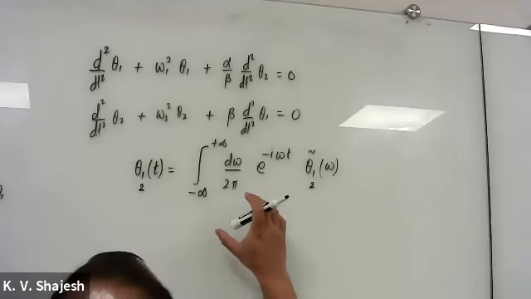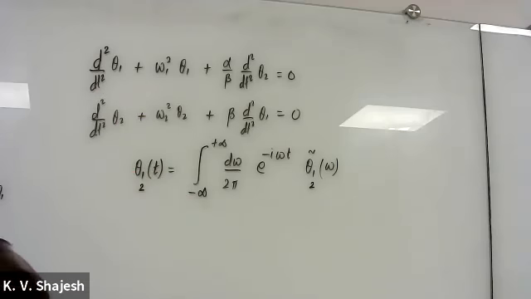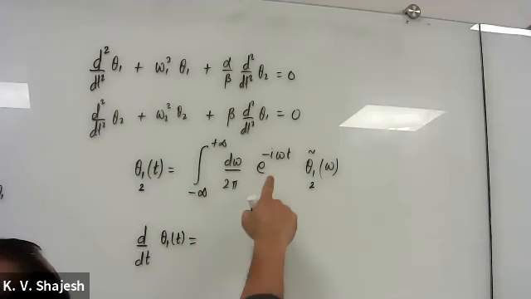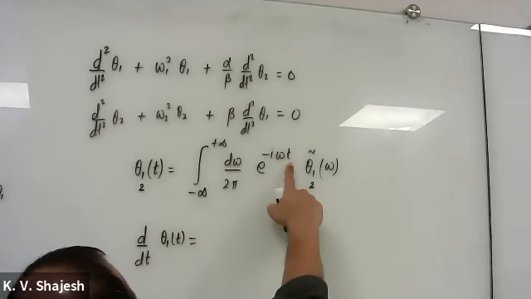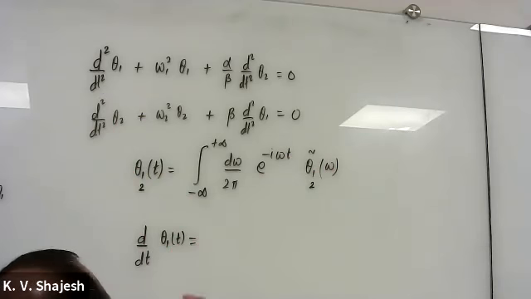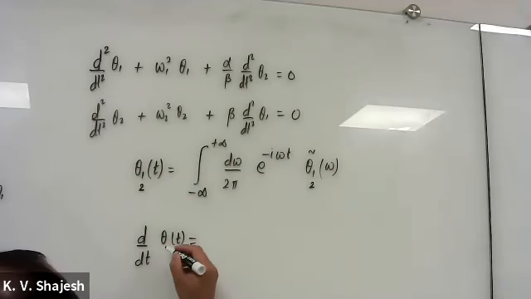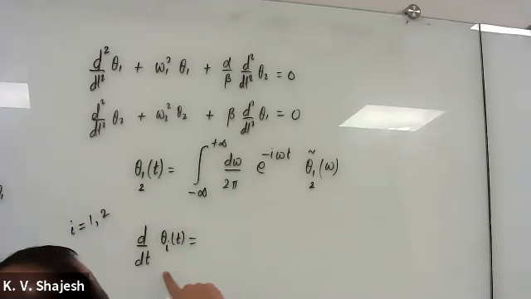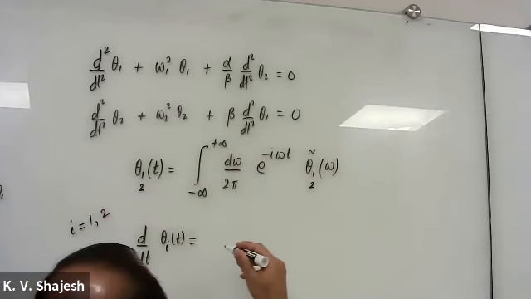What happens if I substitute theta 1 and theta 2 in that equation? Notice what the time derivative of either one of these is. The time derivative of theta 1 as a function of time hits the exponential, the only place where the time is. Remember, the tilde quantity is frequency dependent. Let me say theta i instead of theta 1, where i is equal to 1 or 2, so in one stroke I can do both. Again, remember, the time derivative hits only the exponential, nowhere else does the time show up.